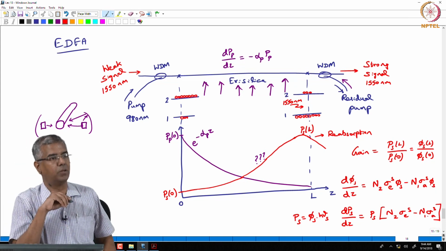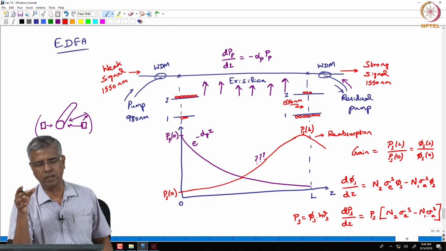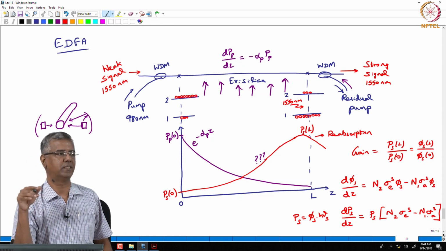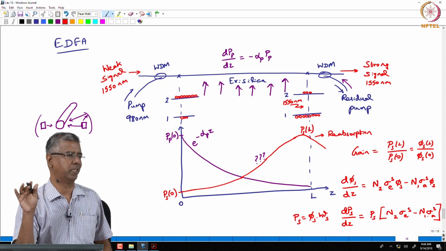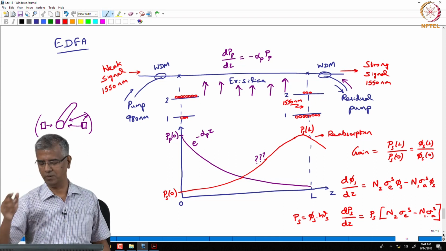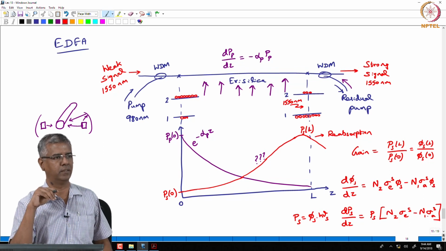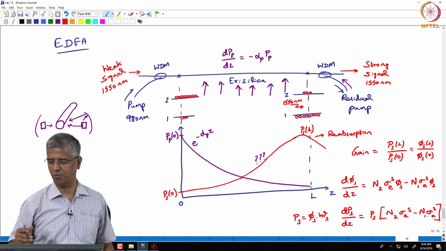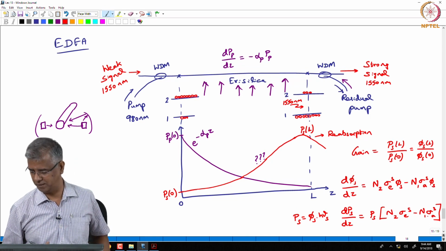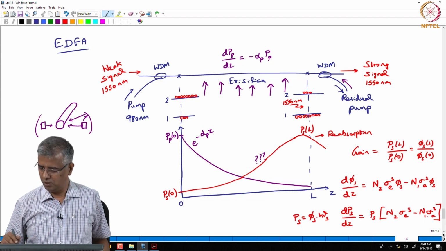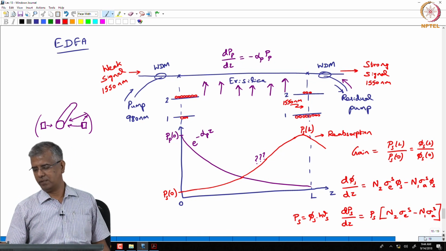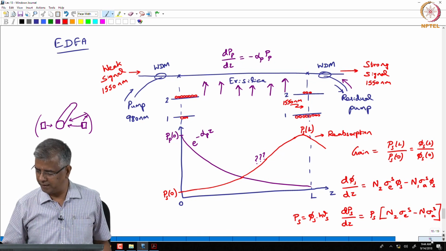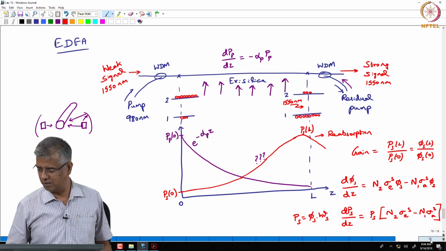Instead of writing in terms of photon flux, I am writing in terms of signal power, so instead of phi s I am just substituting Ps. If we look at this, I can write the overall gain now based on this. I will just go over to the next page for that.